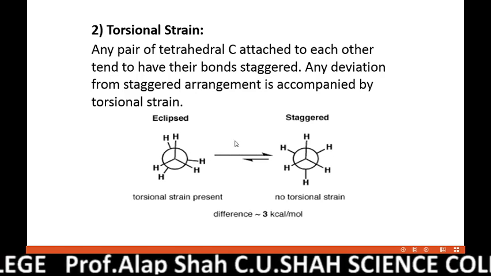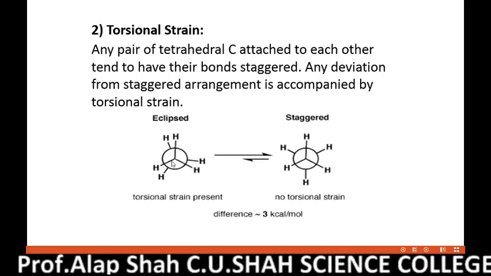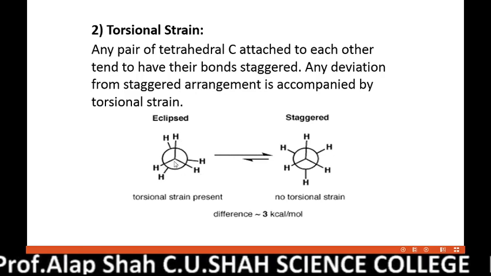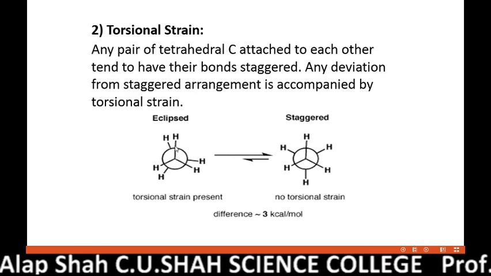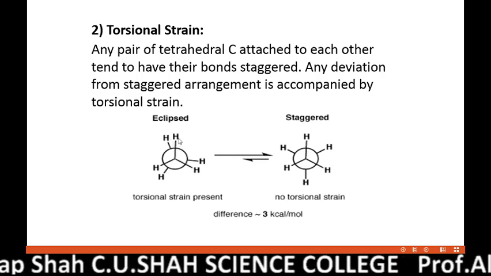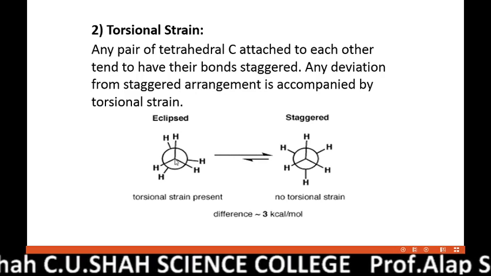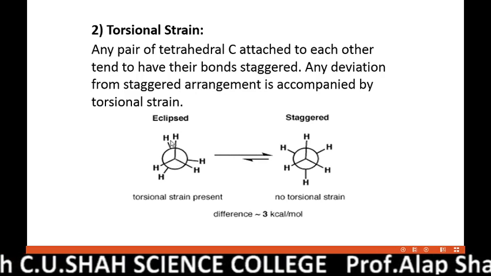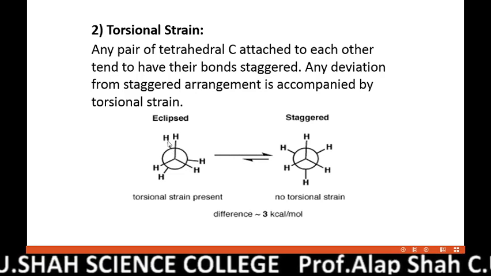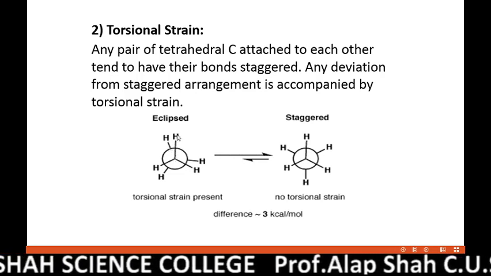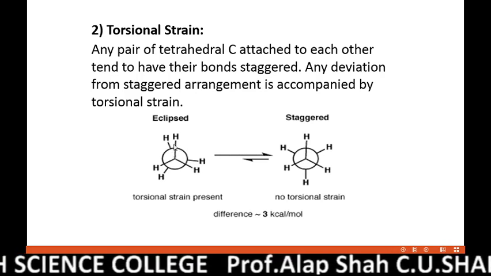But if you focus on eclipsed, you know about the solar eclipse and lunar eclipse, in which one celestial object is hidden behind another. Similarly, here both carbons are parallel, but because we write the rear carbon slightly away so that we can see it, otherwise you have to assume that they are actually parallel with each other.